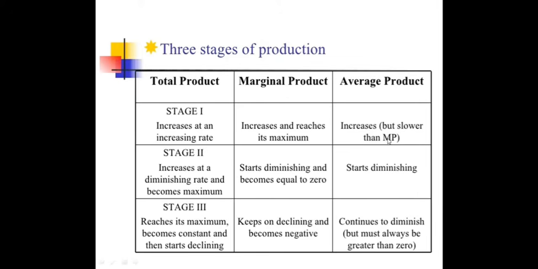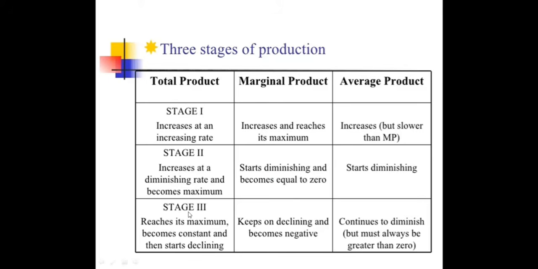That's why we discussed that in the first stage, marginal product is greater than average product. Coming to stage 2, total product increases at a diminishing rate and becomes maximum, because at the end of stage 2, total product becomes maximum. Then marginal product starts diminishing and becomes equal to 0, and average product starts diminishing.